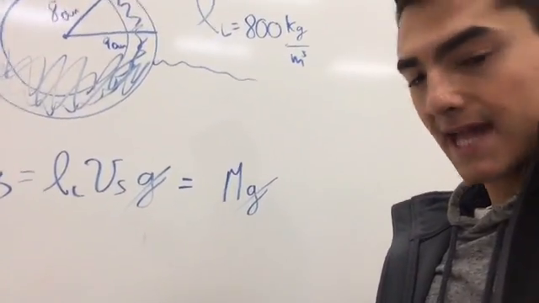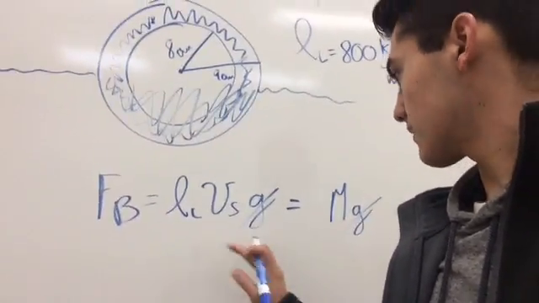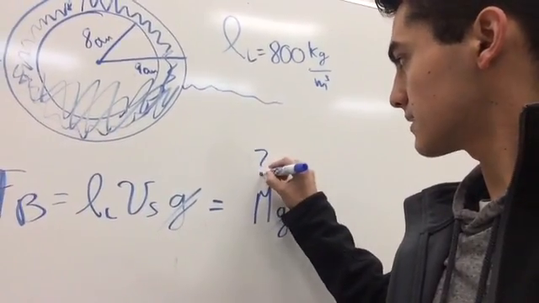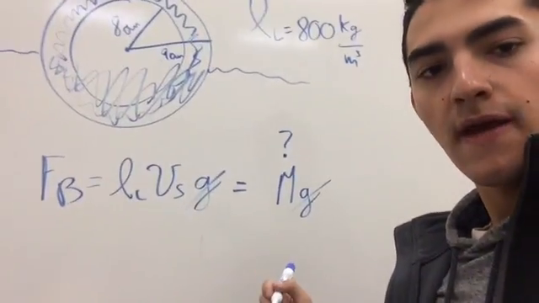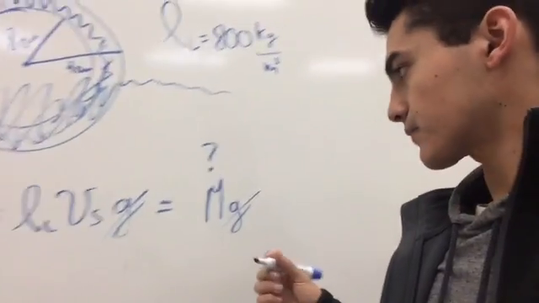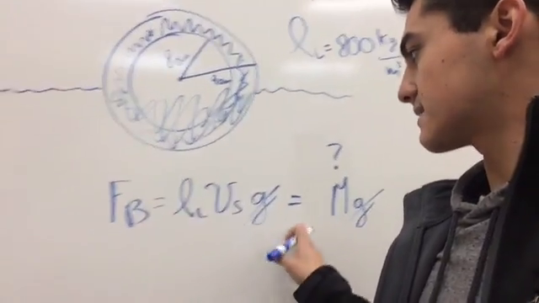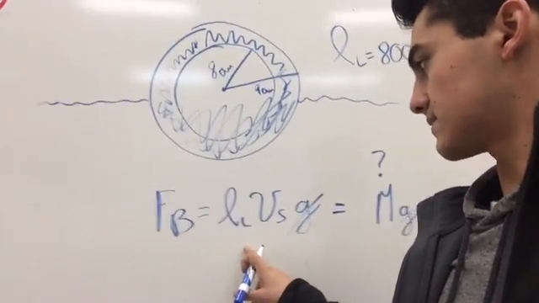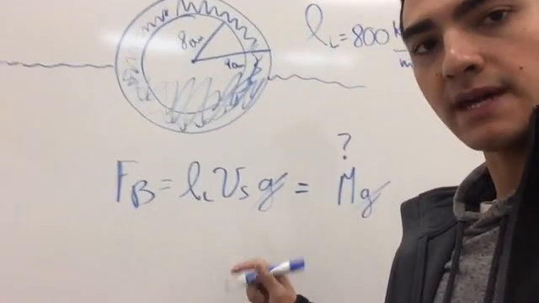And now, for obtaining my first question, what is the mass of the sphere, we can get the values of these two variables.